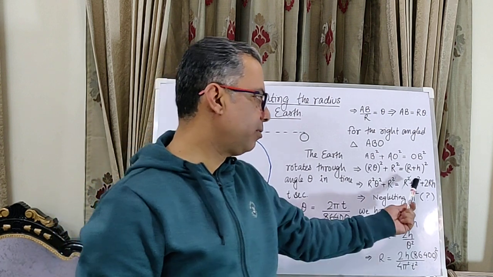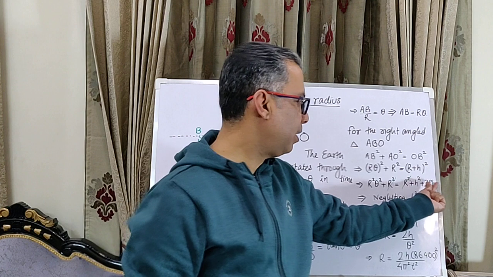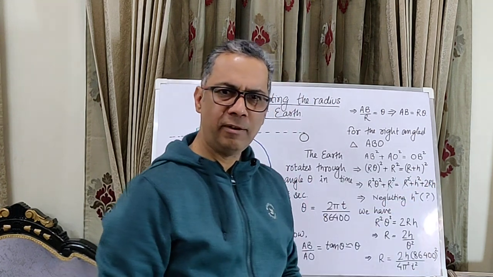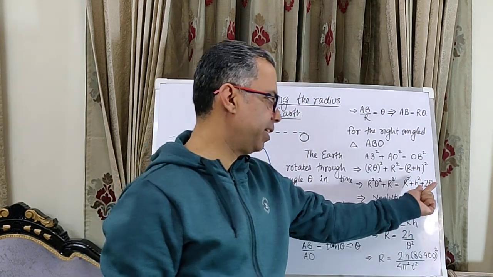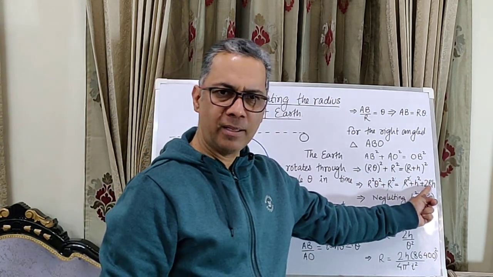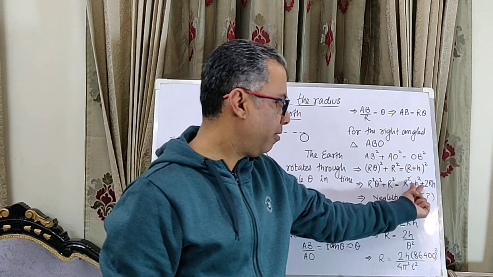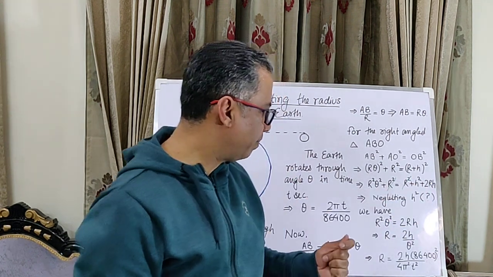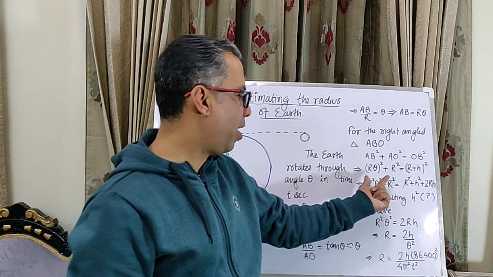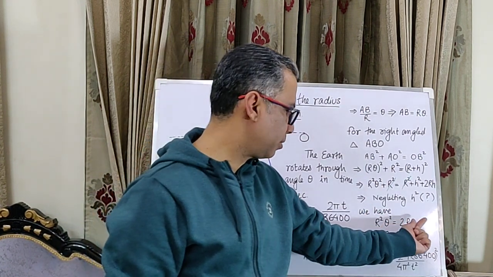And here we can neglect H square, because H square in comparison to this term will again be very, very tiny, because this term involves R, the radius of Earth, which is very large in comparison to H. Finally we have R square theta square equals 2RH.